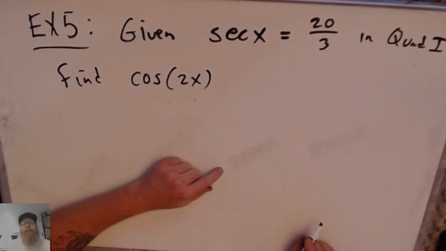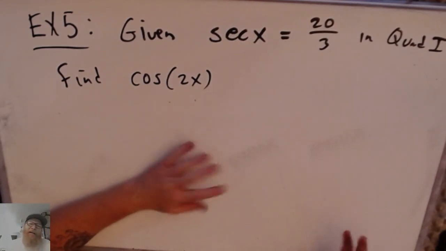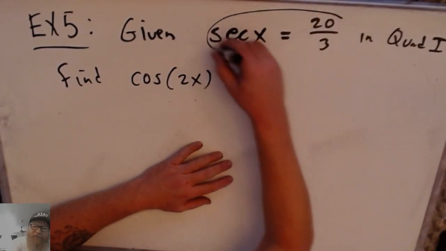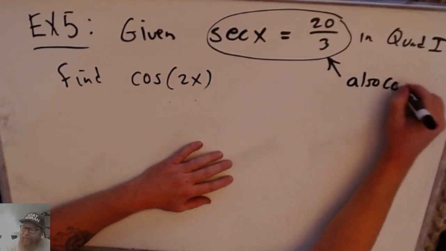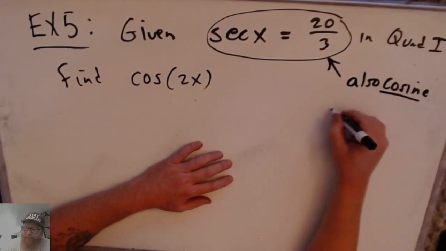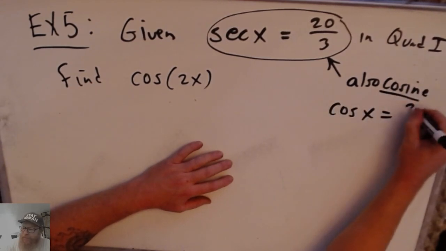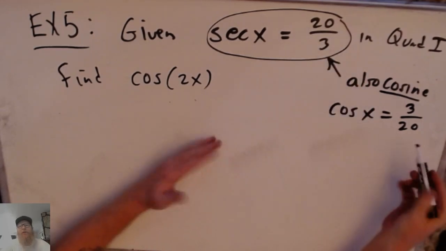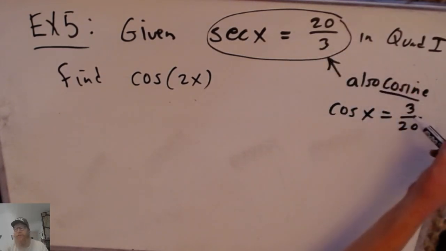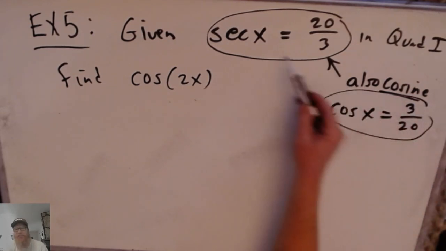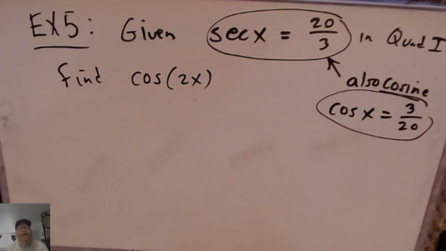All right, this is essentially a free answer. If I give you secant, I'm really just giving you cosine. Cosine is just the reciprocal of the secant, so all you do is flip it over. 20/3 becomes 3/20. So I'm essentially giving you cosine in disguise.